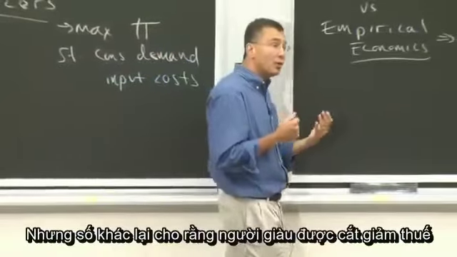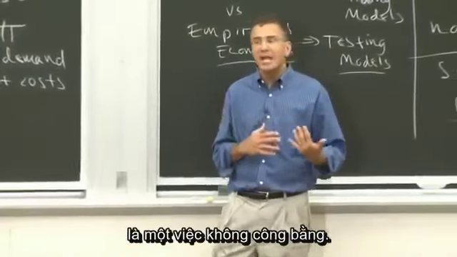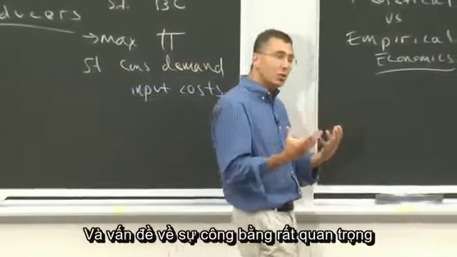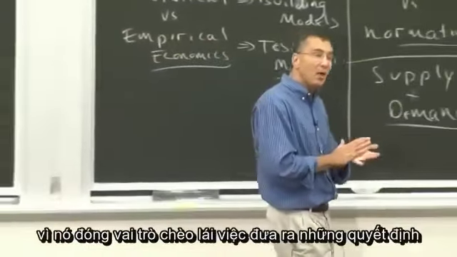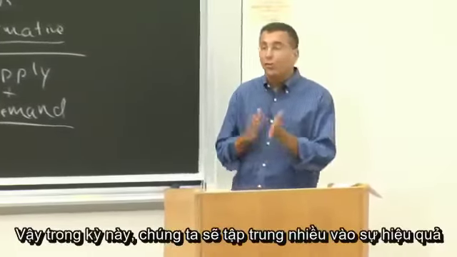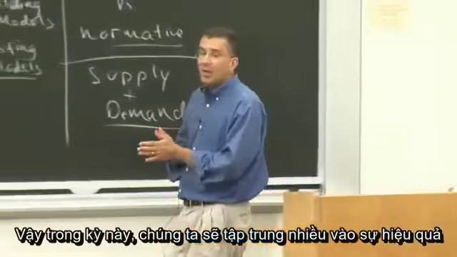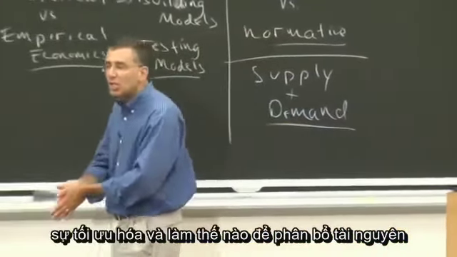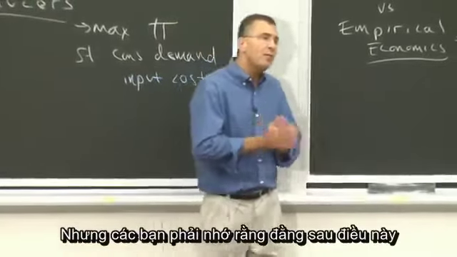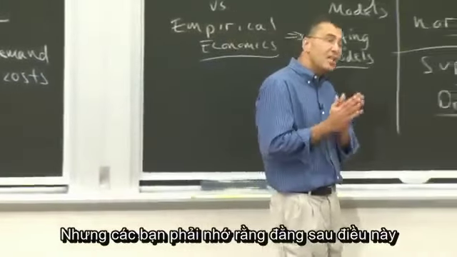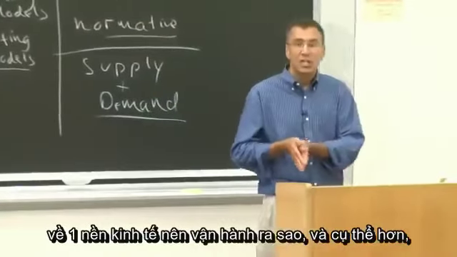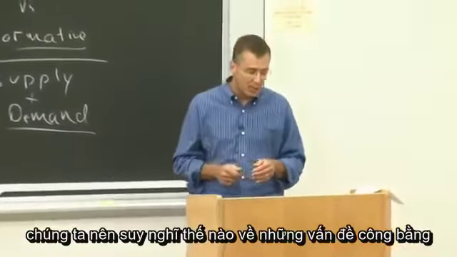But others argue it's unfair for rich people to get tax breaks. And that fairness argument matters a lot in terms of driving the kinds of economic policy decisions we need to make. So this semester, we're going to focus a lot on efficiency and optimization and how to get resources to the right place. But you have to remember behind a lot of this are deep normative issues about what should be happening, how should an economy function, and in particular, how should we think about these equity issues that are so important.